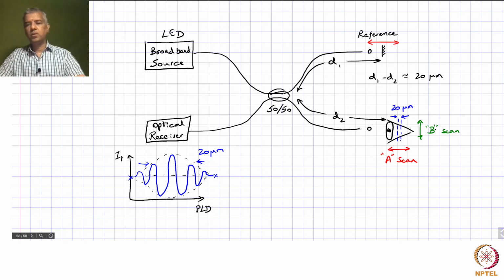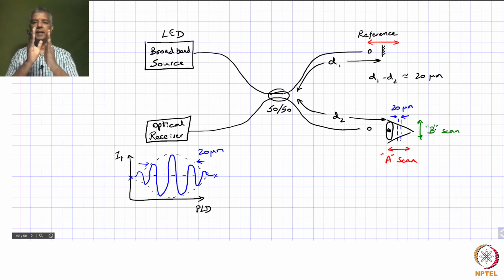Okay, so you can do the A scan to get depth information, and let's say you fix at a particular distance, you basically scan across the transverse direction across the eye, and then you can actually get information in the transverse direction.